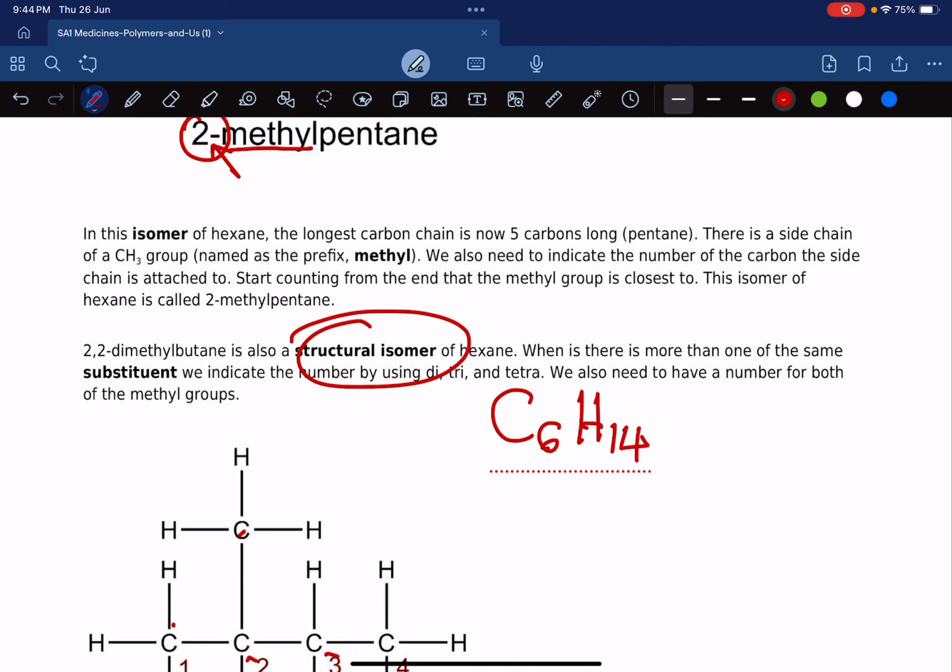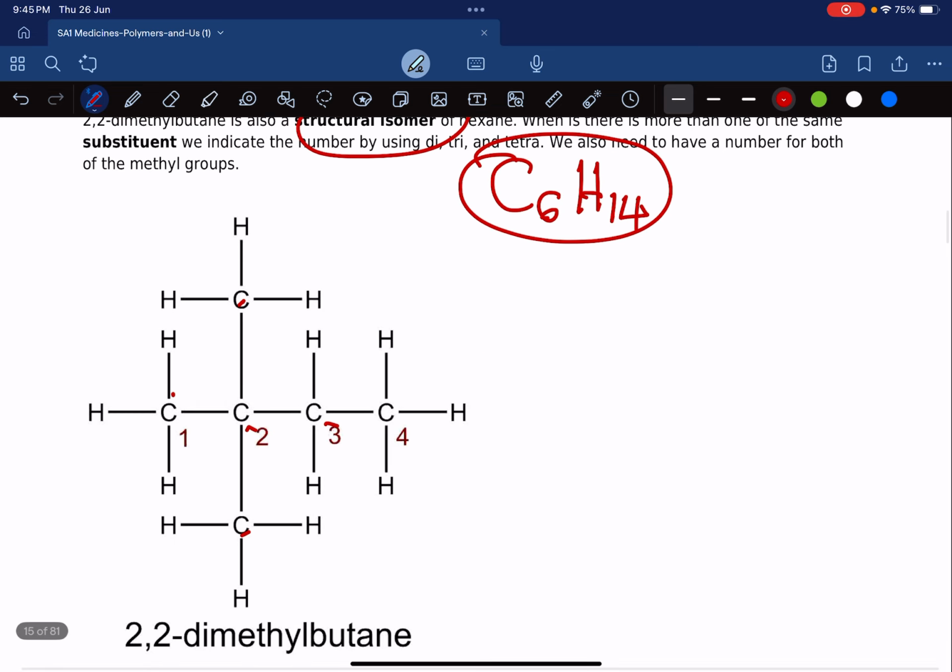Structural isomers mean they have the same molecular formula. That means the same number of carbons, same number of hydrogens, or if you're dealing with something else, they might have the same number of carbons, hydrogens, and oxygens, but their structure is different.